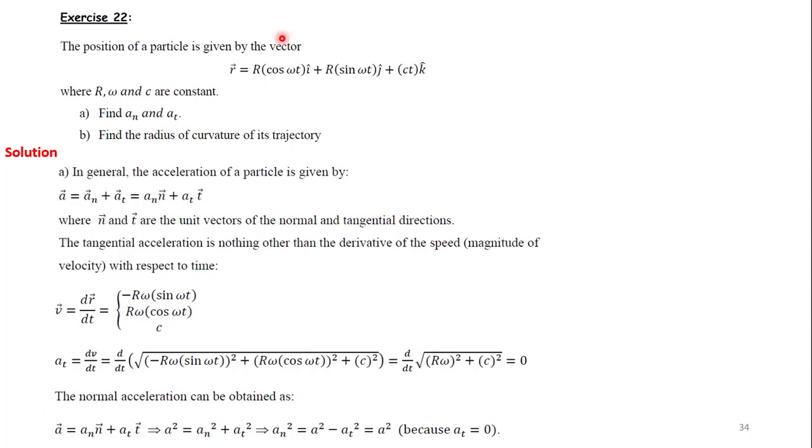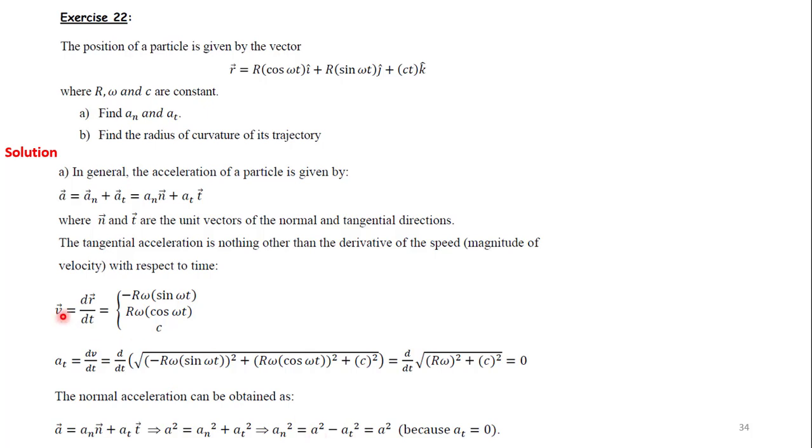But in this exercise, we don't have as a given the radius of curvature, so we cannot use an equal v squared over the radius of curvature in part A. You can notice that the radius of curvature is required in part B, therefore we cannot use it in part A. So let's find the acceleration vector and then find its magnitude.